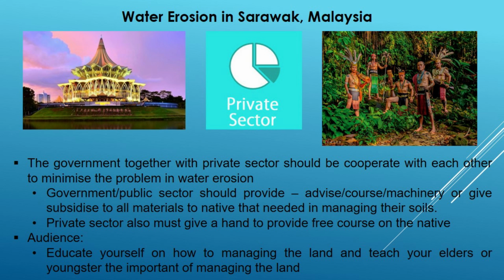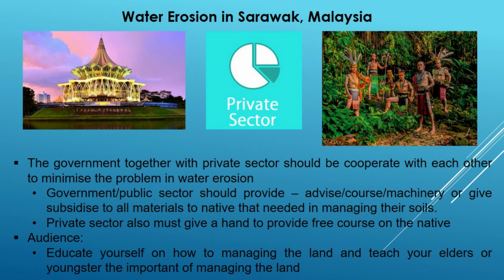In order to minimize water erosion, the government together with the private sector should cooperate with each other to minimize the problem and provide free course alternatives on how to manage the land in a good way.